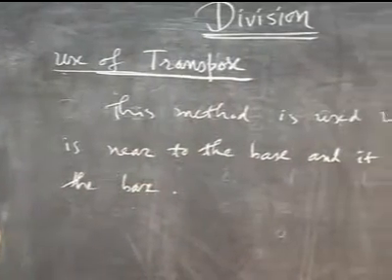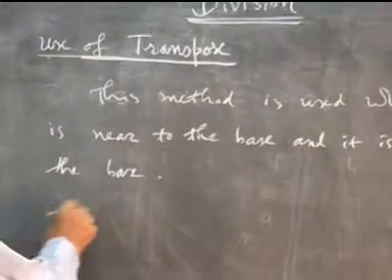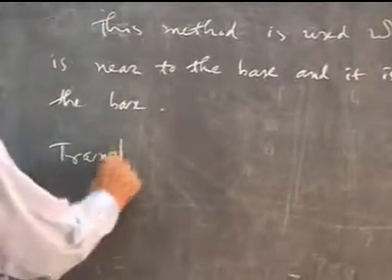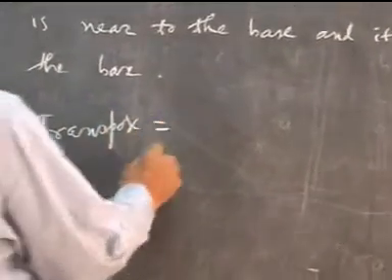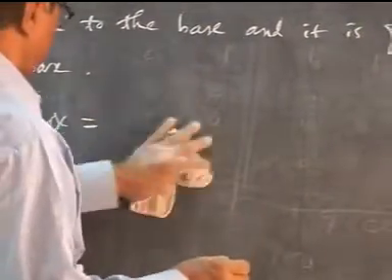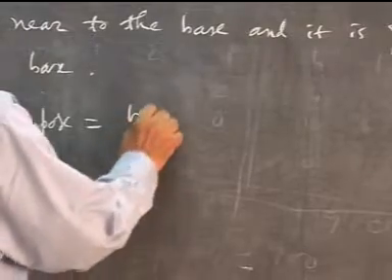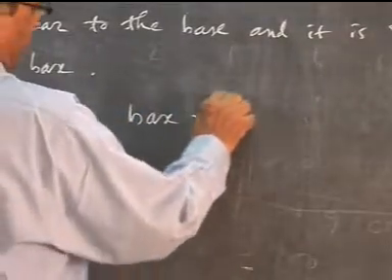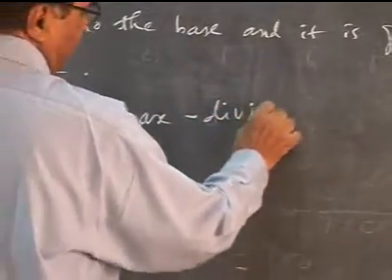You can see here, transpose is equal to base minus, you can say, divisor.